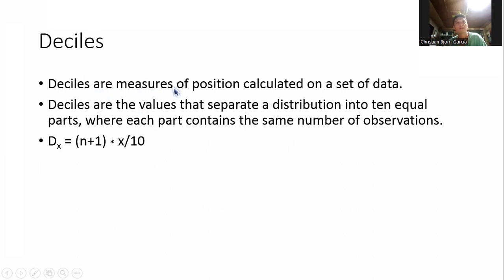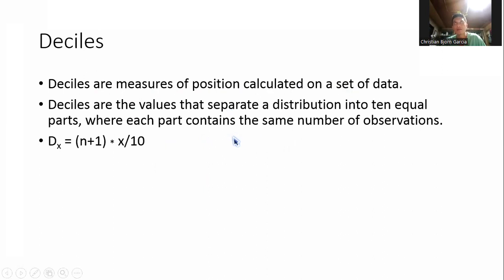Deciles. Deciles are measures of position calculated on a set of data. Deciles are the values that separate a distribution into 10 equal parts where each part contains the same number of observations.